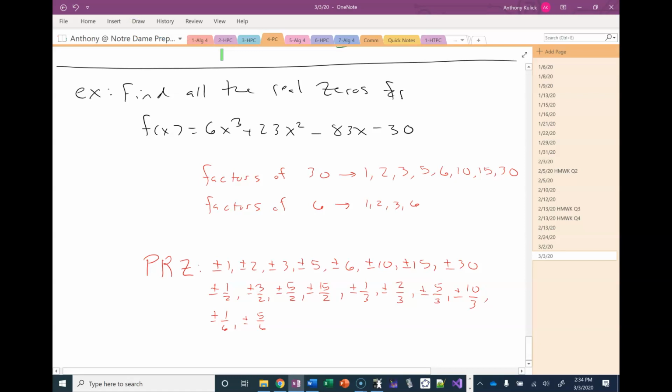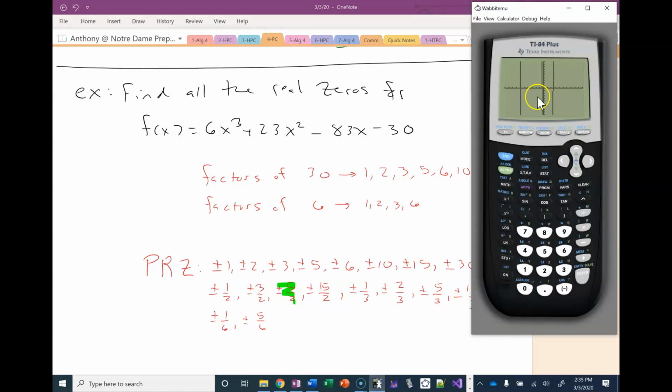Well, 3 over 2 is 1.5. 5 over 2, okay. What else? Is there anything else? 5 over 3 is less than 2. So that could be one of them. Everybody okay? Let's go back and look at some of the other ones.